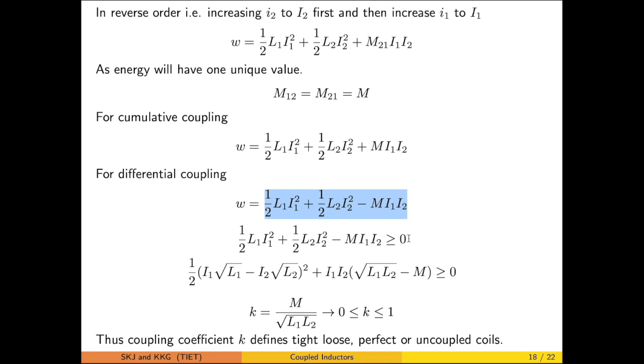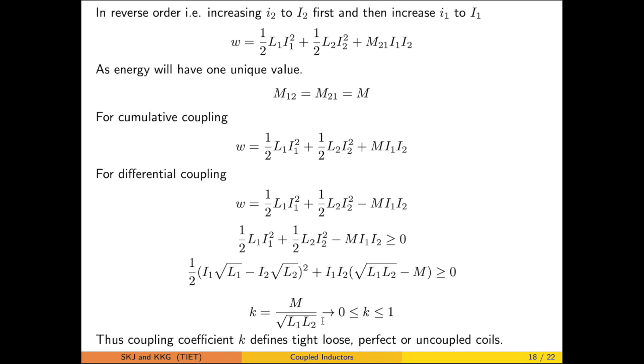When we rearrange and solve it, we get that M has to be less than or equal to root of L1 L2. So this is suggesting that there is a coefficient of coupling which we can associate, and that suggests K is equal to M upon root L1 L2.